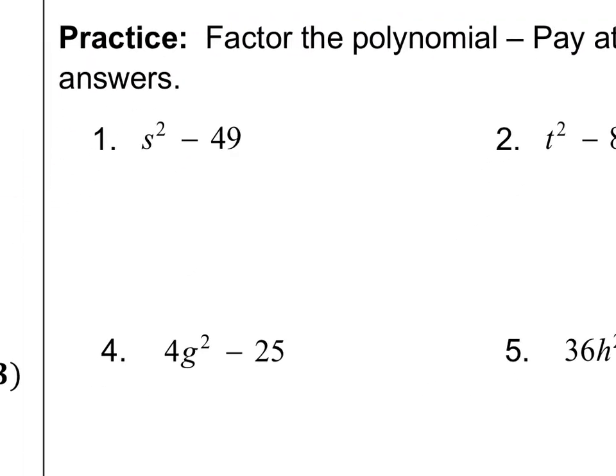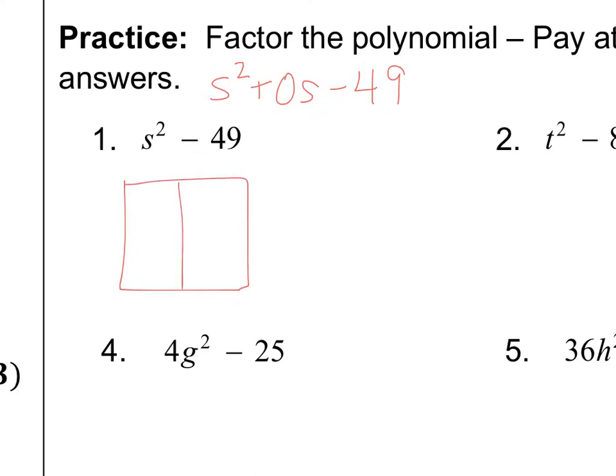If I think about this, it's really s squared plus 0s minus 49. It's just a trinomial, so I'm going to put it into my area model. I'm going to put my s squared and my negative 49.